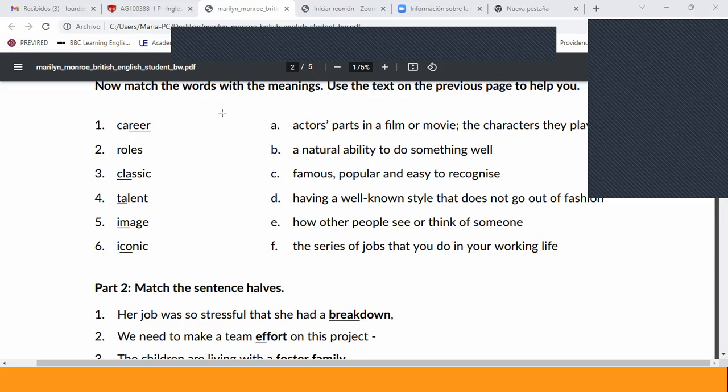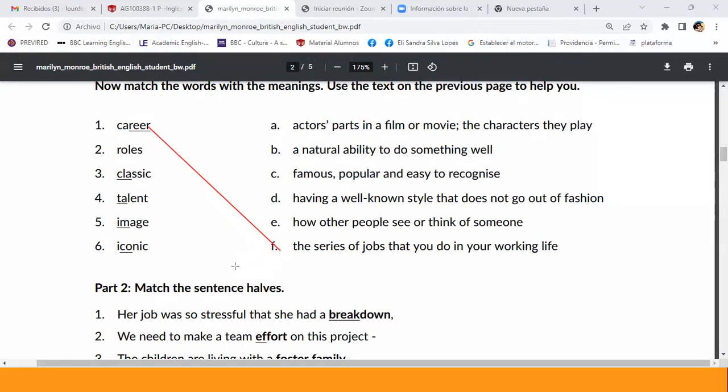Okay, first, career. The series of jobs that you do in your working life. Right, good. Good. Number 2, Catalina. Roles. Actors' parts in a film or movie, the characters they play. Okay, actors' parts in a film or movie, right?